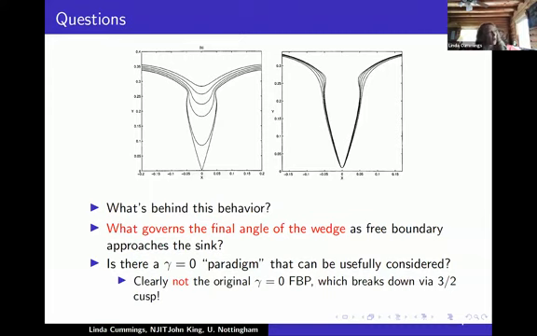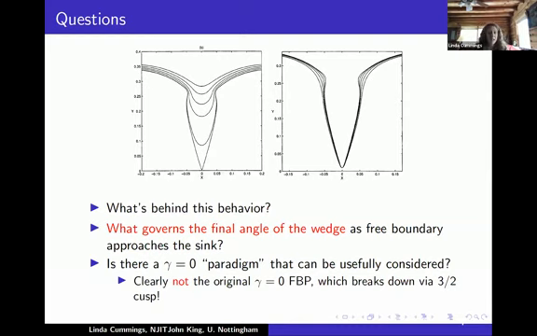But for this talk, what I'm going to think about is what's happening down here when the solution finally breaks down. It looks like the phi boundary is going to enter the sink in the form of a wedge. So why a wedge? What governs the final angle of that wedge as the phi boundary approaches the sink?